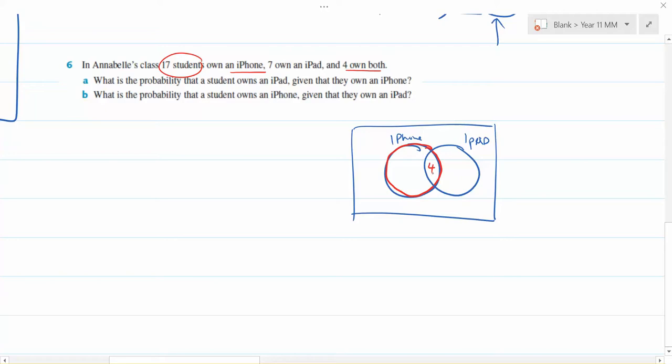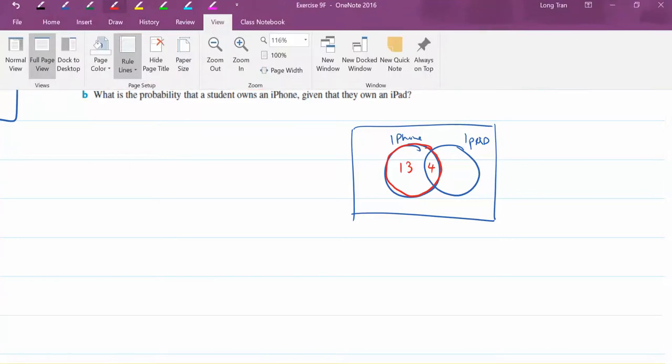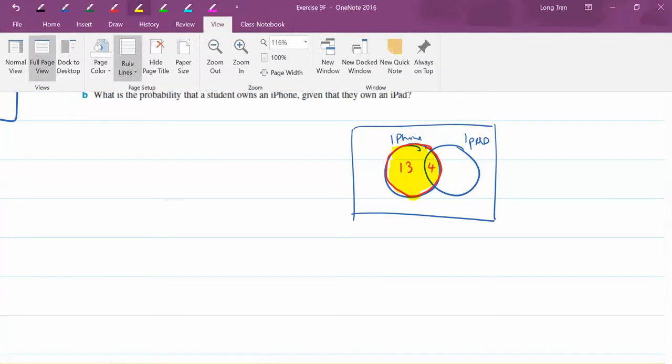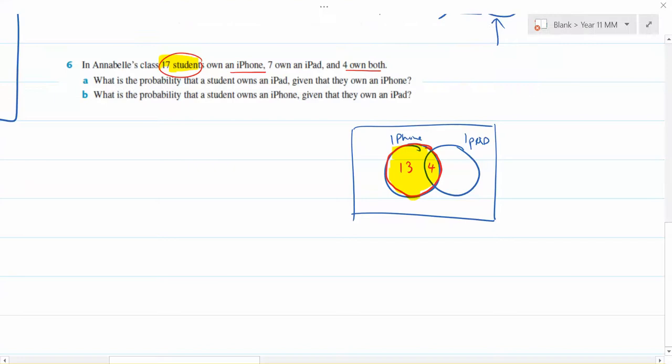But if I already got 4 in this region, then I only need an extra 13. That makes sure the iPhone circle has a total of 17, because that's what they said. It didn't say I exclusively own an iPhone.